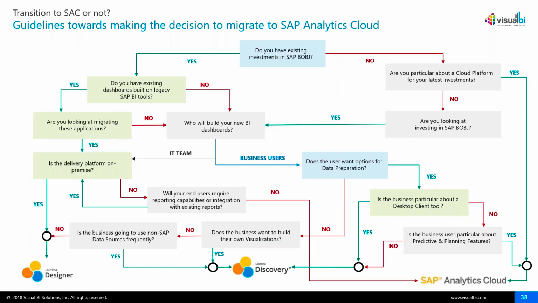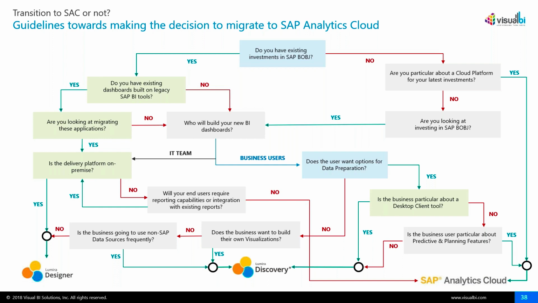Now, we have shown the slide earlier. We do have guidelines towards making the right decision. So there is pretty much a flow that you can follow to decide whether you should still continue building on Lumira Designer or whether you should adopt Analytics Cloud as a tool. It basically takes into account different parameters, such as do you already have existing investments in BusinessObjects?